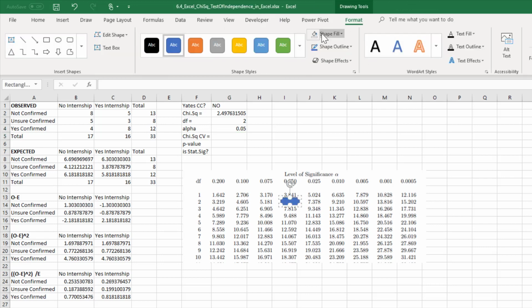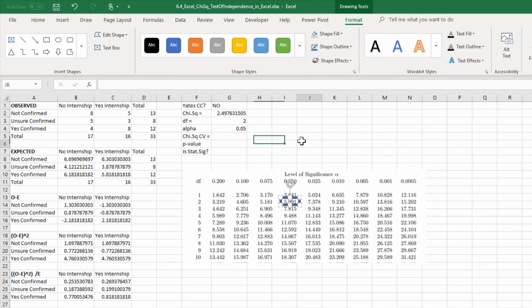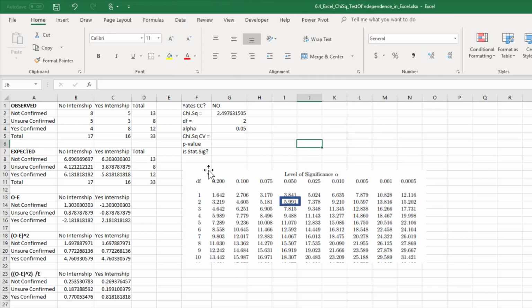So here is our degree of freedom. I'm going to weight the outline a little bit more so you can see it more clearly in the video. Our critical value is 5.991.